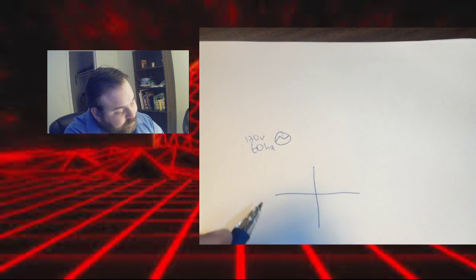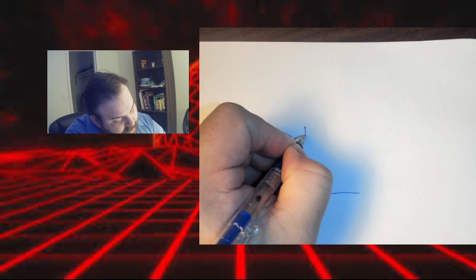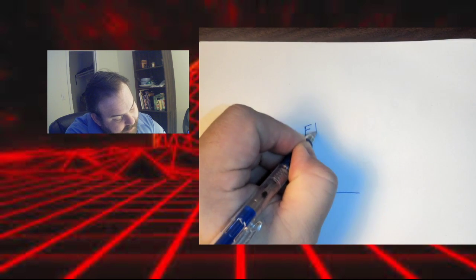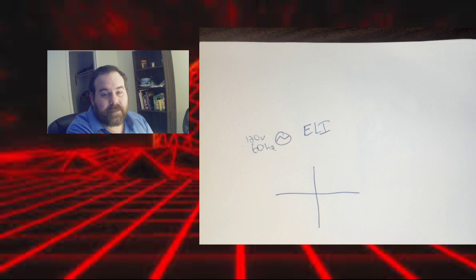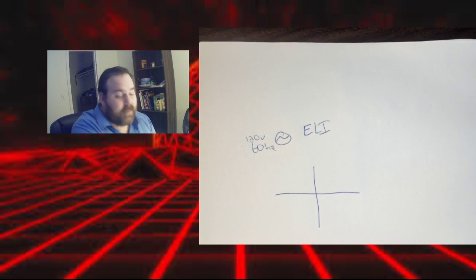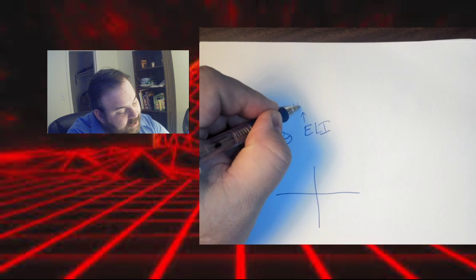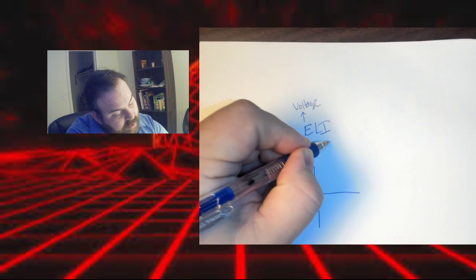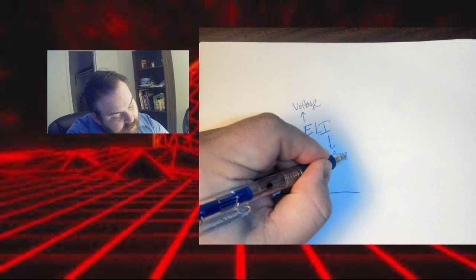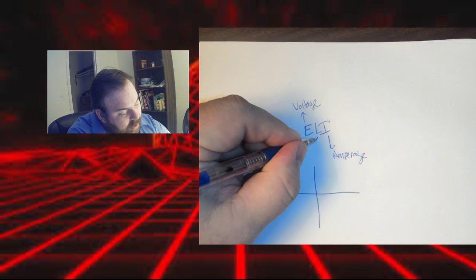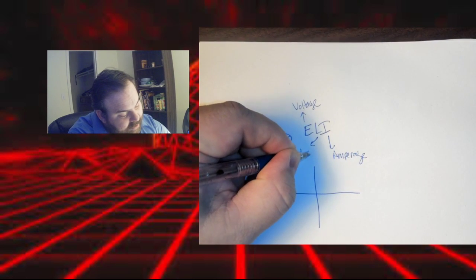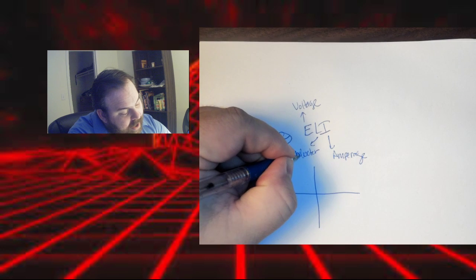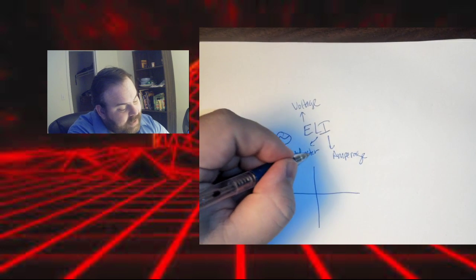Now what happens is we get this thing called ELI. Right? Now ELI means here's voltage, this is amperage, and L is the inductor. When you see L in electrical anything, it means inductor.